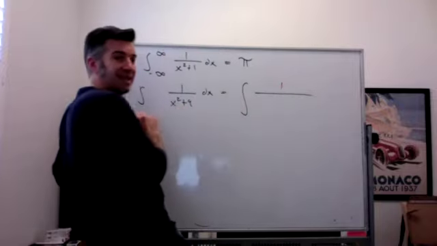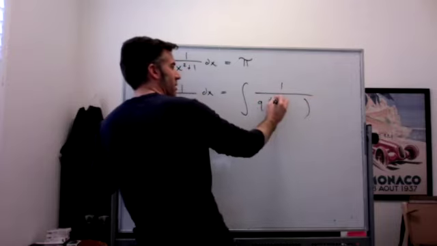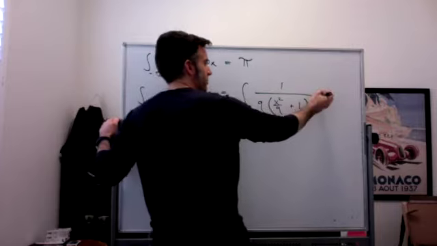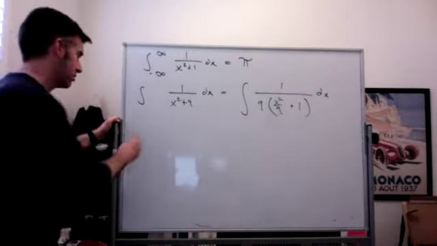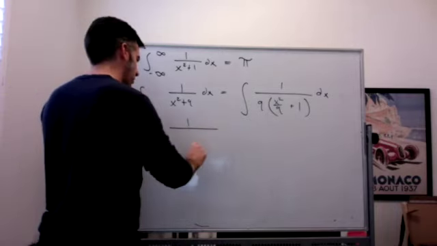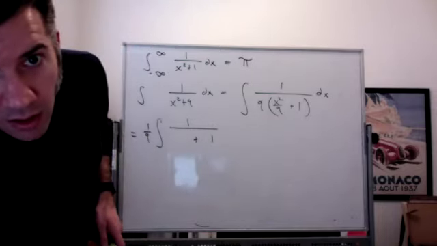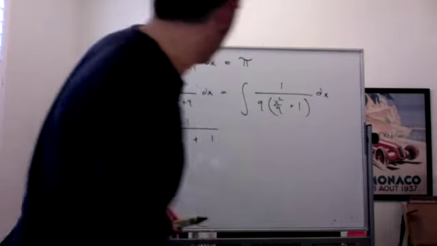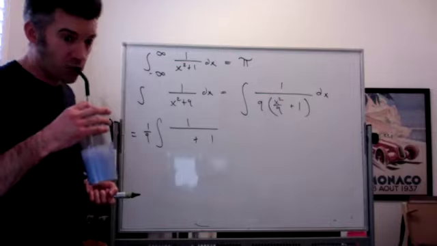I'm going to factor out a 9 from the bottom. So I've got 9 times x squared over 9 plus 1. The 1 over 9 can come out in front. So it's 1 over 9 integral of 1 over, now what I want to do is write x squared over 9 as x over 3 quantity squared.